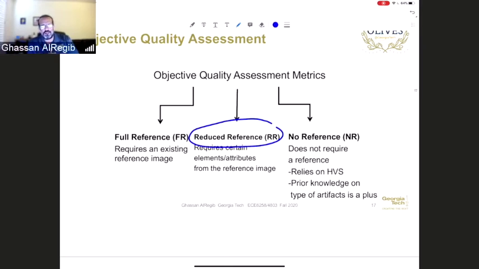So there is no reference in this case. In here, there are some very novel algorithms. You look at something called natural scene statistics, NSS, in the signal that they have to satisfy, and so on.